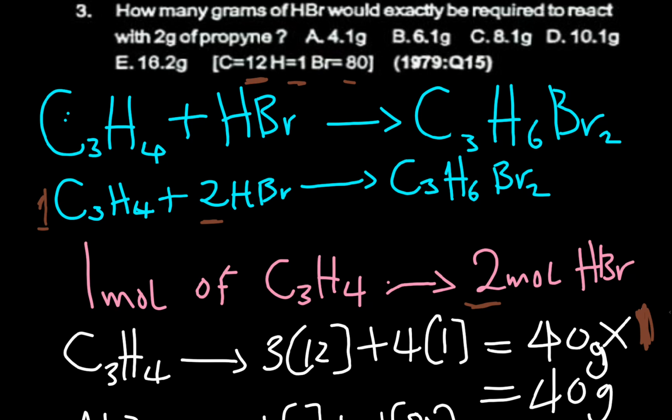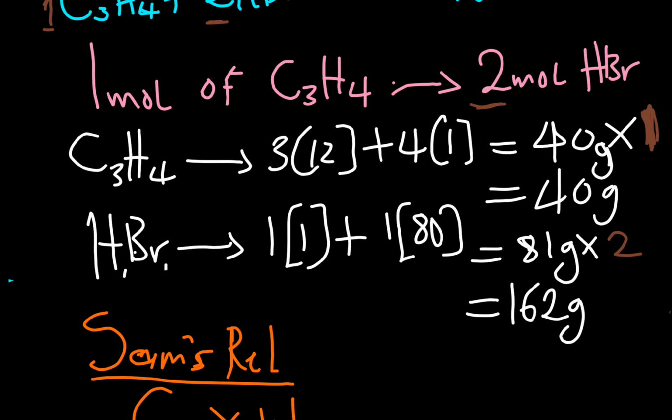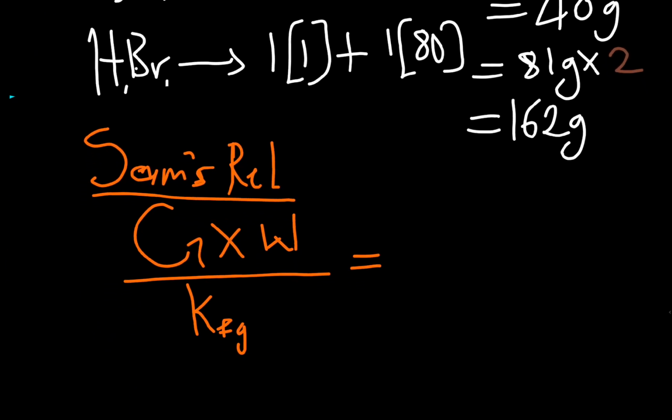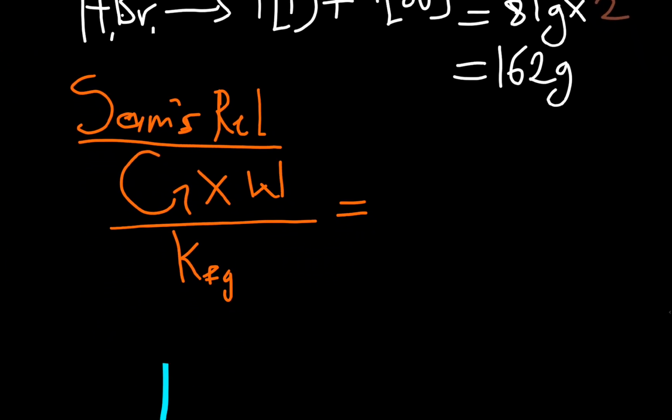So we'll go back and complete this. What is given is 2 grams of propyne, times what we want. We want hydrogen bromide, but we do not know the mass of hydrogen bromide, so we make use of the molar mass times the number of moles, 81 grams times 2, and we arrive at 162.